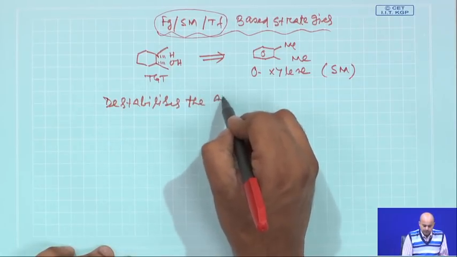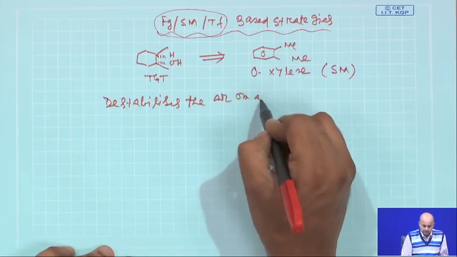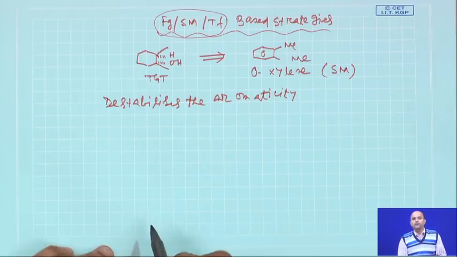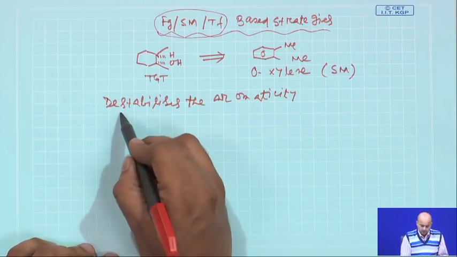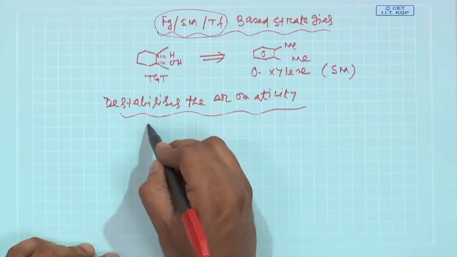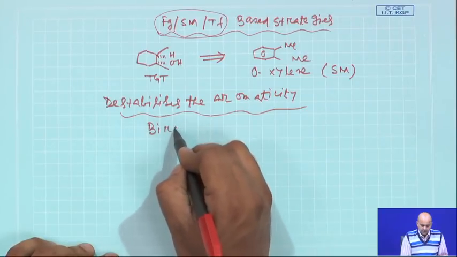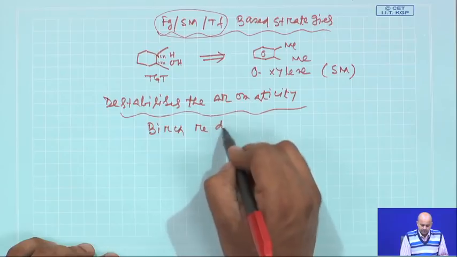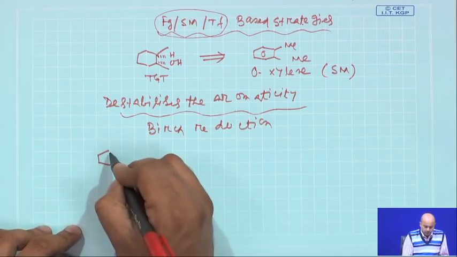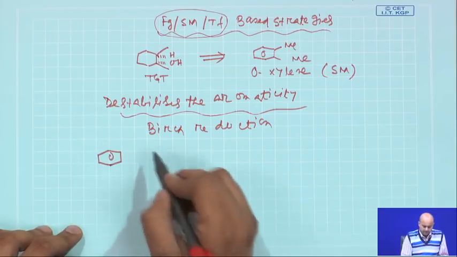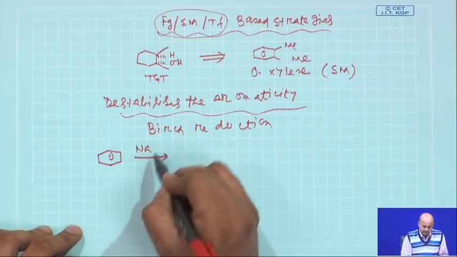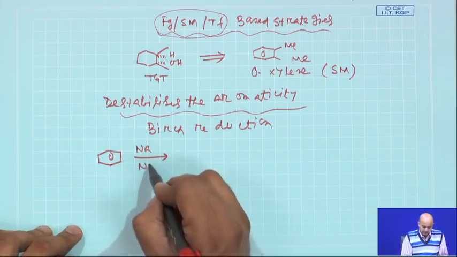There are very few known name reactions which allow this, and one of the classic reactions is Birch reduction, which does the trick. Birch reduction we have explained earlier; it is a radical mediated, or single electron mediated, reduction.